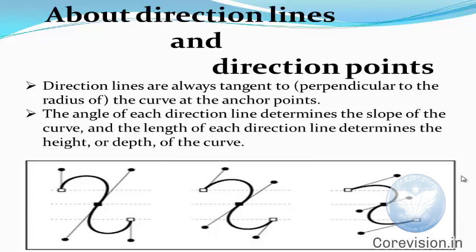The angle of each direction line determines the slope of the curve, and the length of each direction line determines the height or depth of the curve. This is the example of moving and resizing direction lines changing the slope of curves.